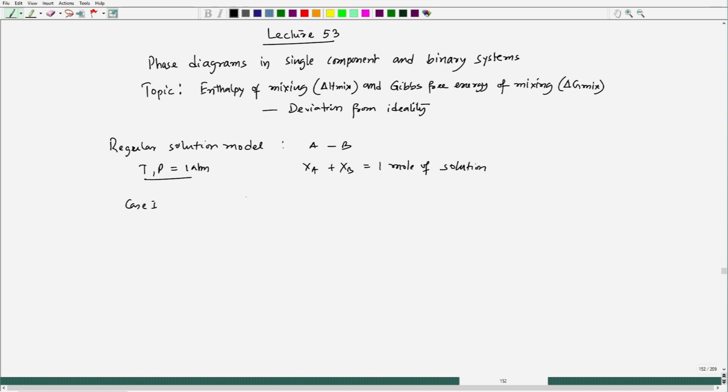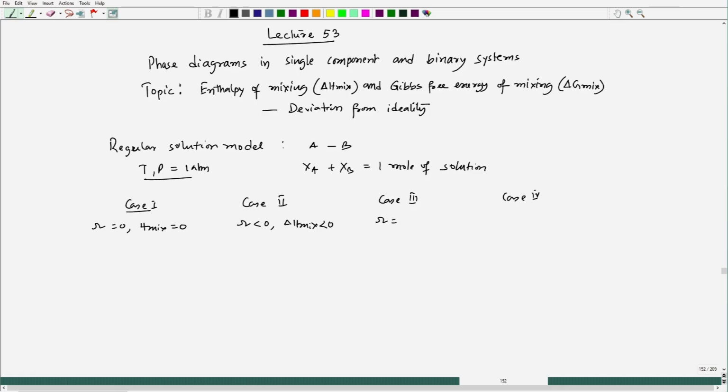case 1, case 2, case 3 and case 4. In case 1, omega equal to 0, del H mix equal to 0. In case 2, omega is less than 0, del H mix is less than 0.